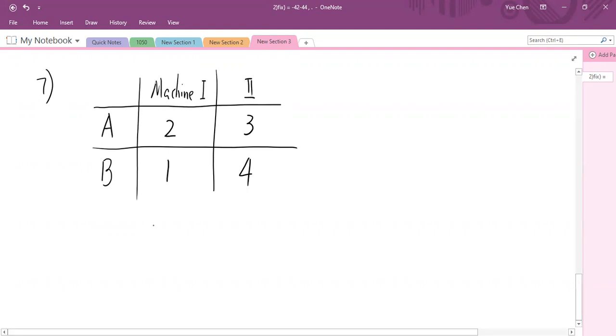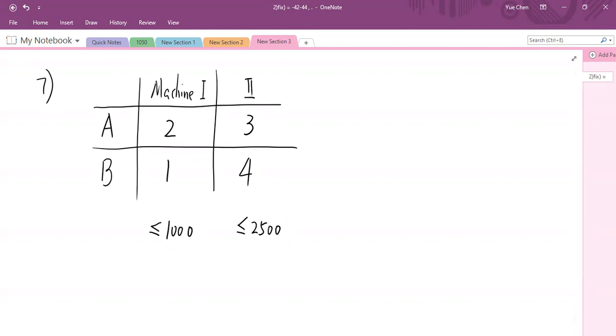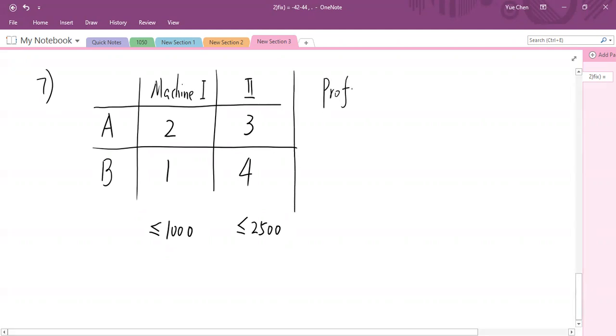So the total on machine 1 should be less than or equal to 1,000. This is total hours for machine 1. Machine 2 is available for at most 2,500 hours.